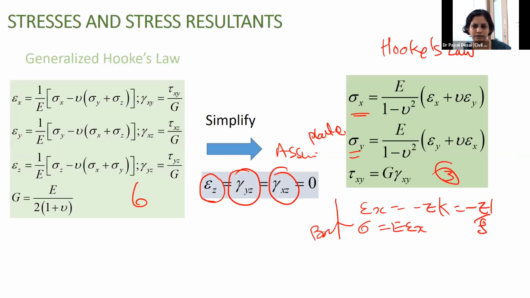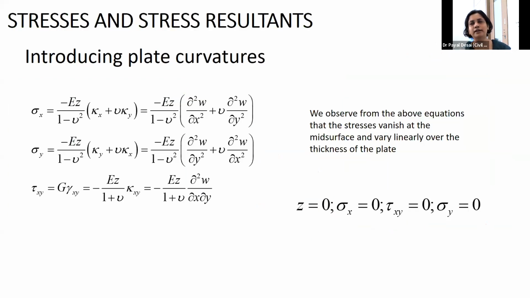Now, what are stress resultants? In case of beam also, we never just calculate stresses. We plot bending moment and shear force diagrams. How much is the bending moment at any particular cross section? It is very easy to use that quantity for design purposes. So we always replace our stresses in the form of stress resultants, that we call moments, or the forces.